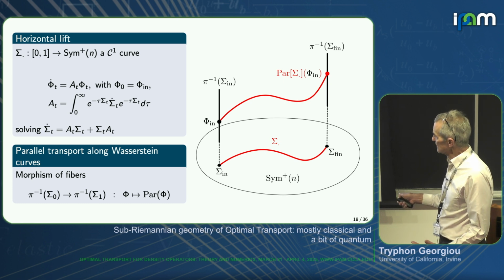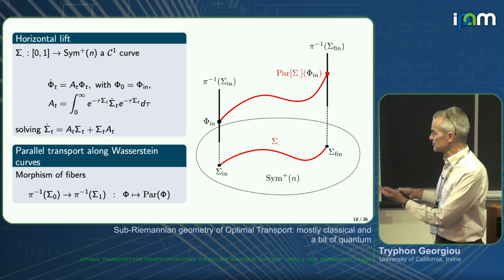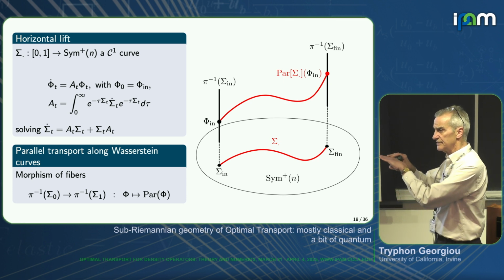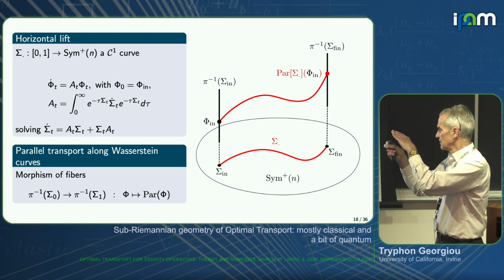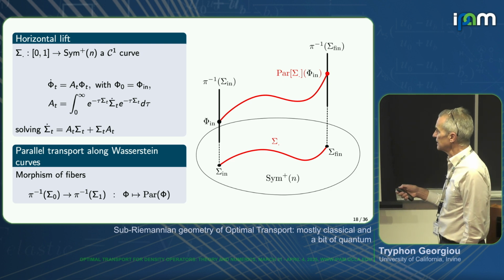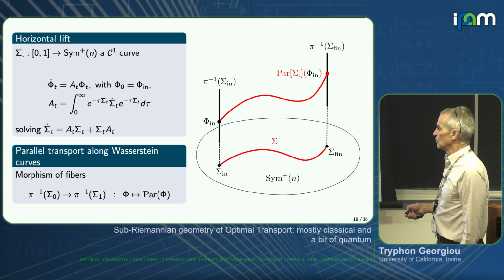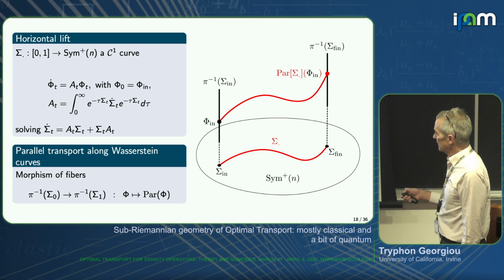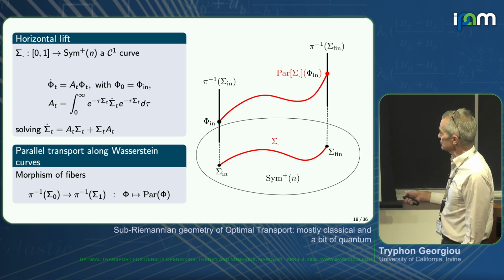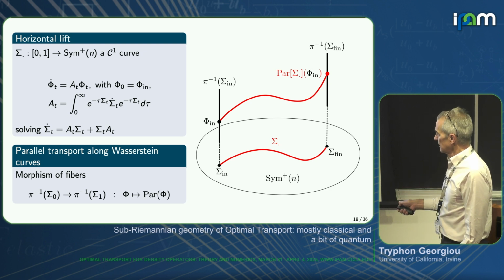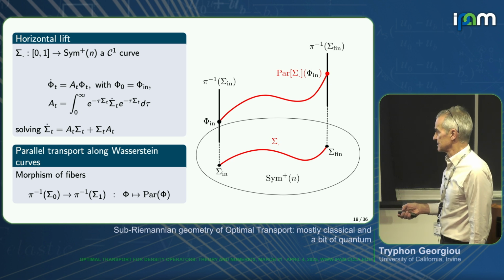So you're basically traversing little steps in the horizontal direction, in a direction that doesn't make any difference to what point you're sitting on, okay? This characterizes parallel transport on the fibers and gives a morphism between fibers. So you can correspond points from here to there by linking them with a curve on the base space.